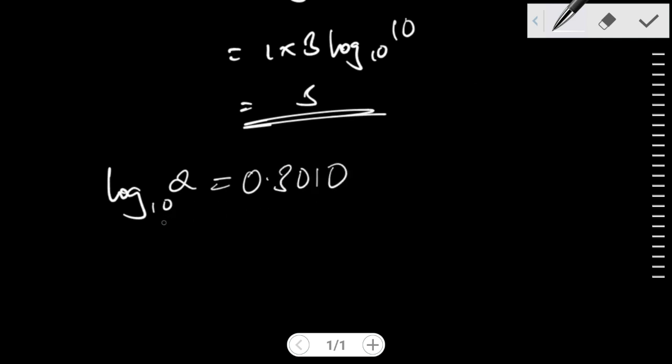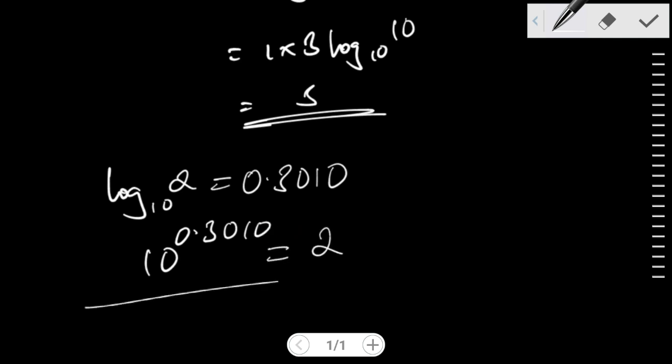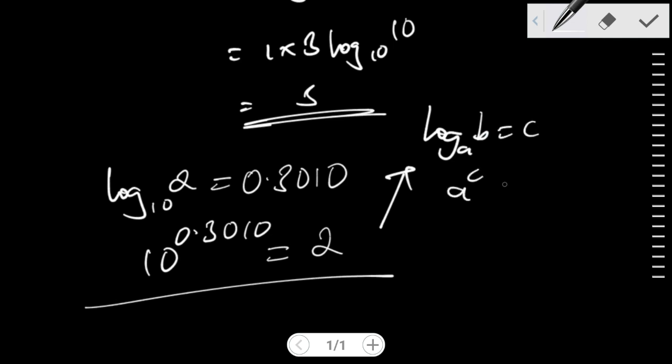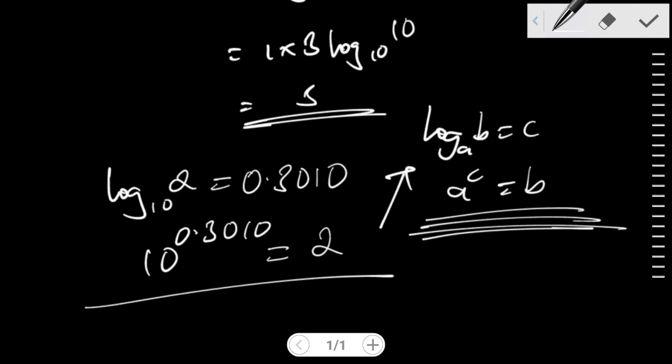So if I say 10 to the power 0.3010, this would give me 2, taking us back to the above expression whereby if log base a of b equals c, then a to the power c equals b. So this is how we can easily interpret this.